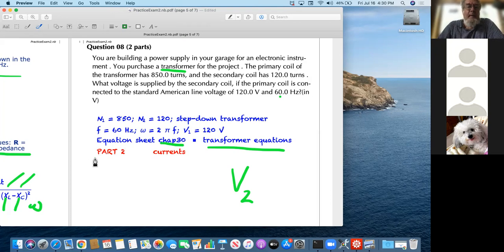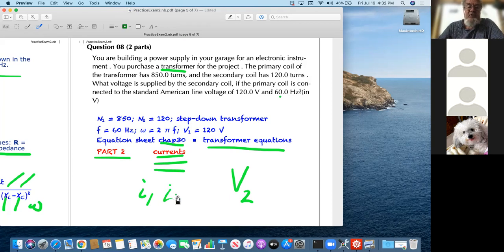Now there's part two. And part two asks about the currents. I don't have the equation written down here, but if you look on the practice exam, you'll find out what the question is about currents. Well, there's I1 and there's I2.